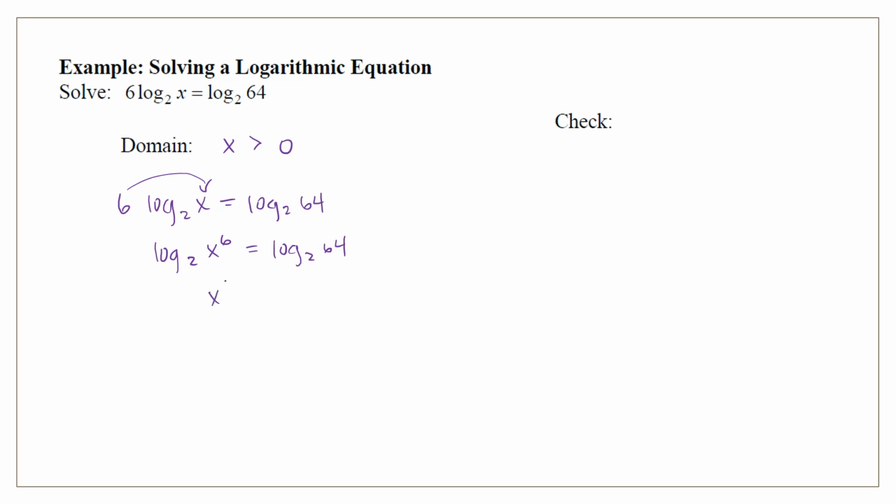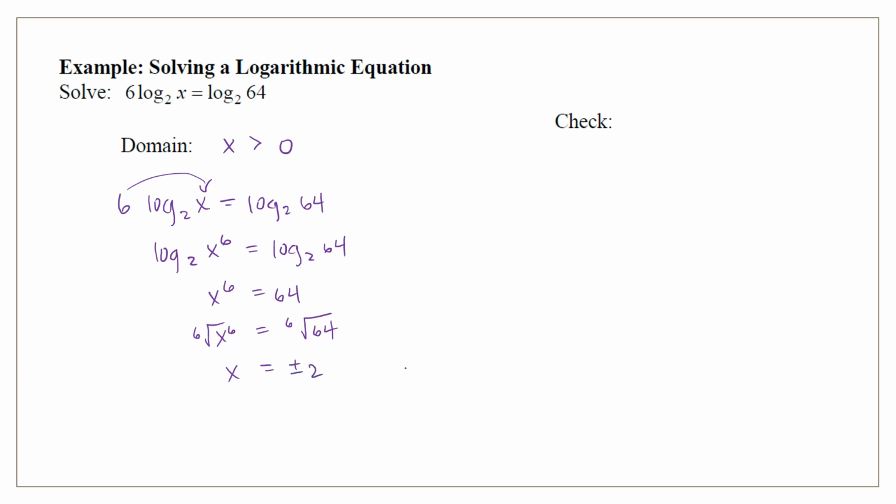And so we'll have x to the 6 equals 64. Okay. Now I can take the 6th root of both sides. Okay. And so x then will equal plus or minus 2.